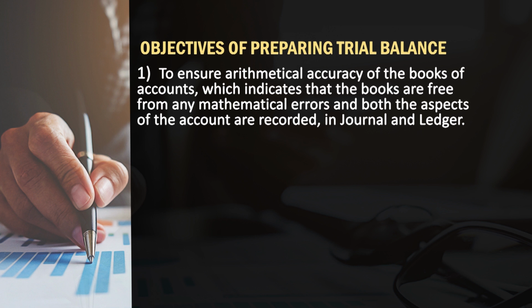Well friends, as you know, the trial balance only ensures the arithmetical accuracy. So, if the debit column and the credit column of a trial balance tally, it does not mean that there is no error. There may be errors which are not disclosed by the trial balance.